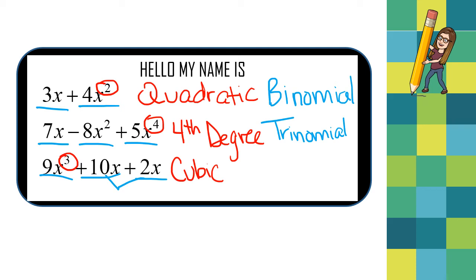We can actually add those together. Those are like terms. We have to slow down for a minute. This would be the same as saying 12x. So technically, I only have 1, 2 terms. This is a binomial. Okay, so keep an eye out for that. We're going to work on writing these the correct way as well.